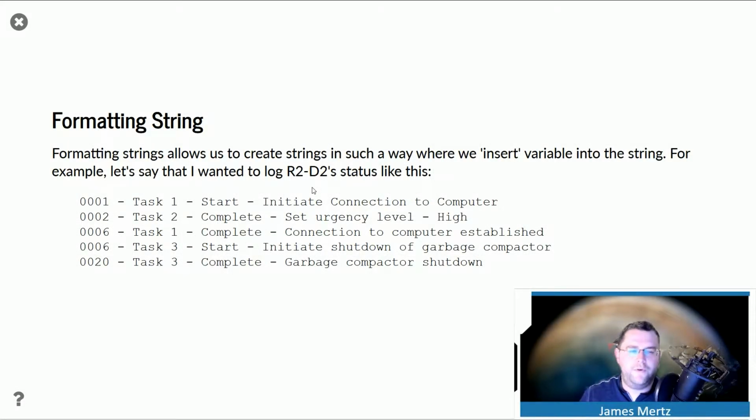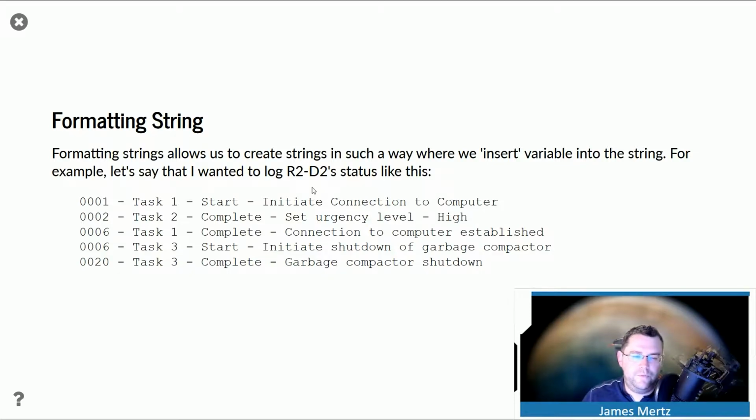So here's a hypothetical situation. Let's say we've got a problem with R2D2, and we've got to work with him here. I'm going to pull up R2D2's log status, and it looks something like this.